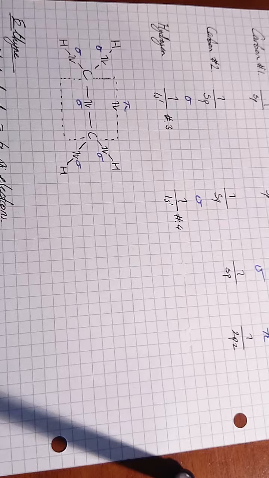Now for something more difficult, the formation of ethyne, which has the triple bond, both of the carbons form sp hybrid orbitals.